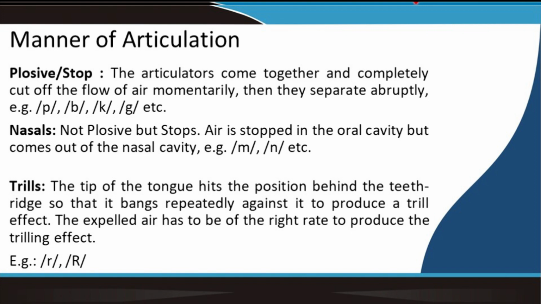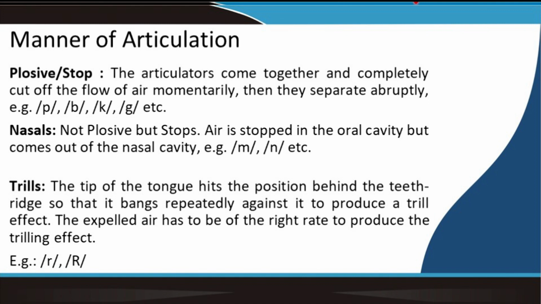In a plosive, what do we do? When I talk about a bilabial plosive, both of our lips are the articulators, and they come together to block the air. The air is blocked momentarily and then suddenly released. Abruptly there is a release of the air, and that is why we produce sounds like p, b, k, g.